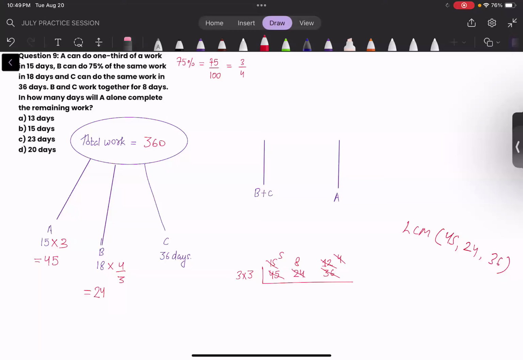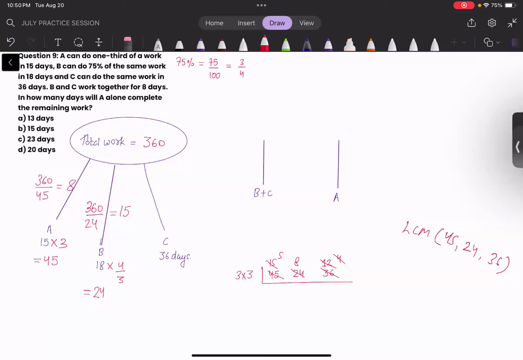Now tell me, 1 day work of A: 360 by 45. How much? 45 into 2 is 90, 90 into 4 is 360. So 8, not 6. 360 by 24: 24 into 5 is 120, 120 into 3 is 360, so 5 into 3, which is 15.